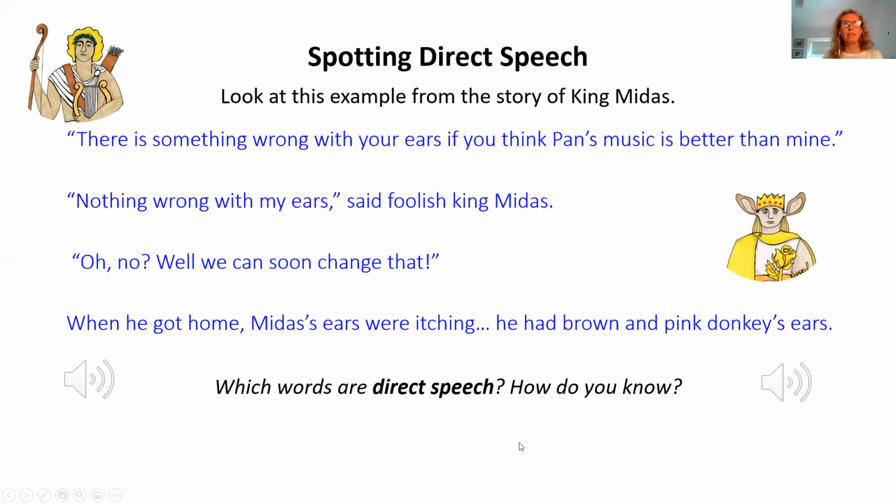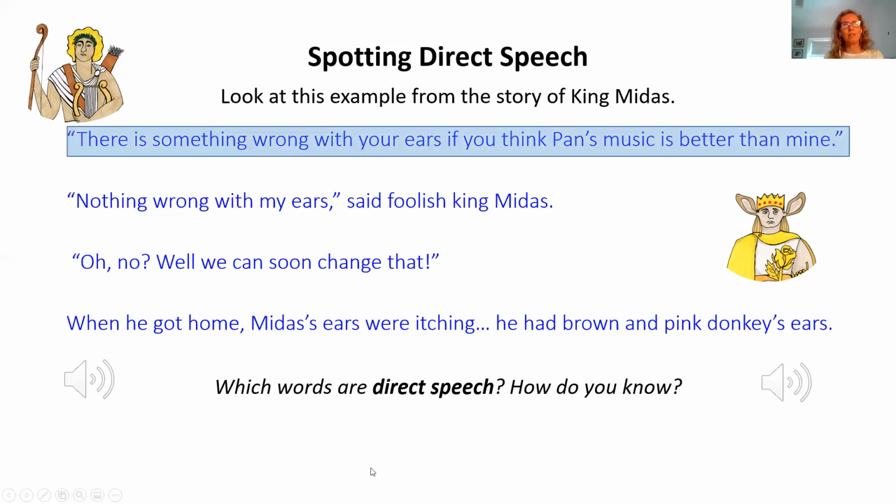So you can see that the words that are being spoken are being hugged by the inverted commas, the speech marks. Okay, so you can see here and here, and then on the next one. Okay, and I'm going to highlight the words that are being spoken now in blue for you to see.